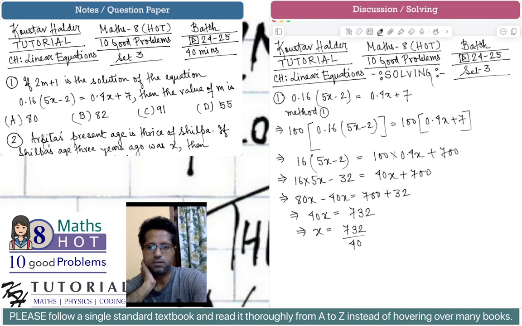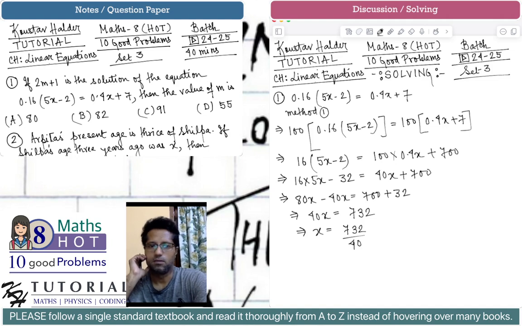Divided by 40. Let me check once again if I did it correctly or not. 0.16(5x minus 2) = 0.4x plus 7. If I'm multiplying both sides by 100, 100 multiplied by 0.16 is 16, so 16 into (5x minus 2).